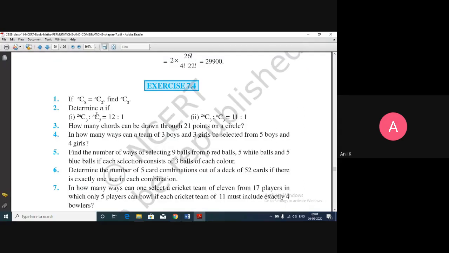Okay, second: determine n if 2nC3 upon nC3 equals 12 is to 1, or 12 upon 1. So if it has to be true, what should be the value of n?